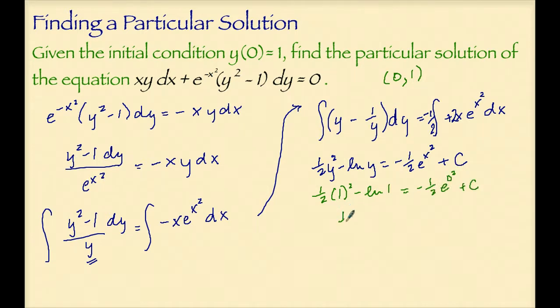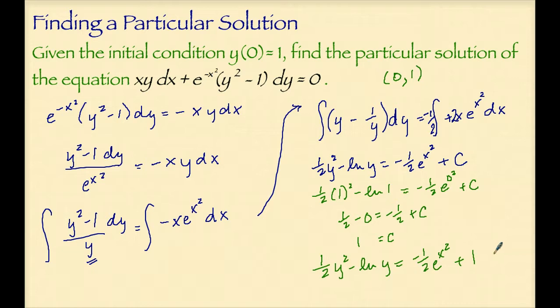This gives me 1/2 minus 0 equals negative 1/2 plus c. c, therefore, is 1. My final equation: 1/2 y squared minus natural log of y is equal to negative 1/2 e to the x squared plus 1.